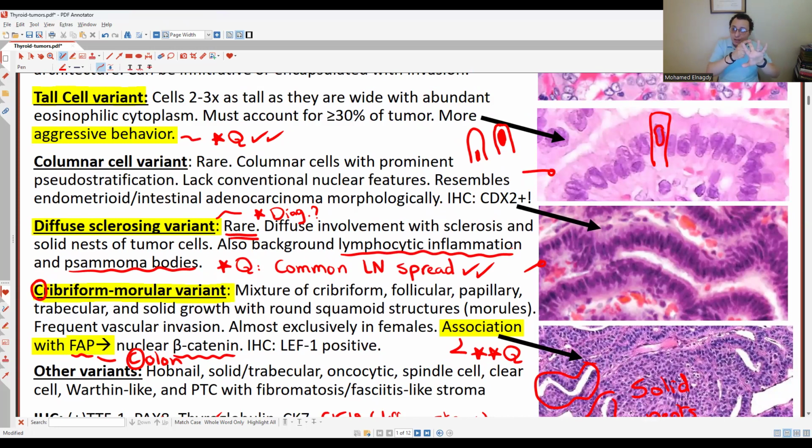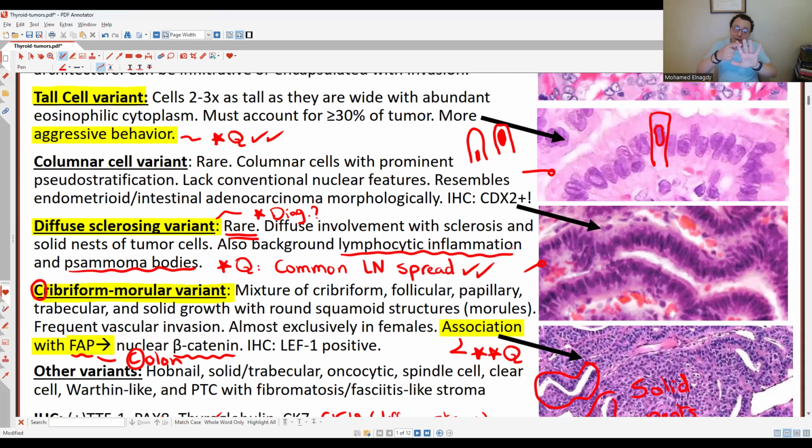Follicular carcinoma most commonly metastasizes by blood. Anaplastic carcinoma most commonly metastasizes locally, or it has local spread. And finally, medullary thyroid cancer might metastasize by lymphatics and veins. It's also blood, so it makes sense, like hematogenous and lymphatics, so both.